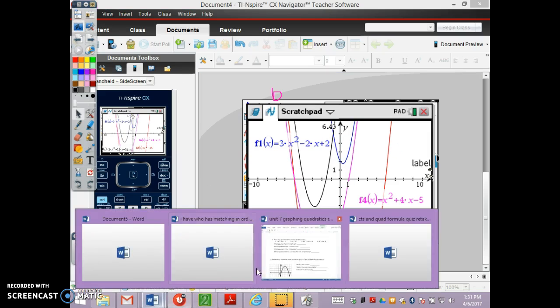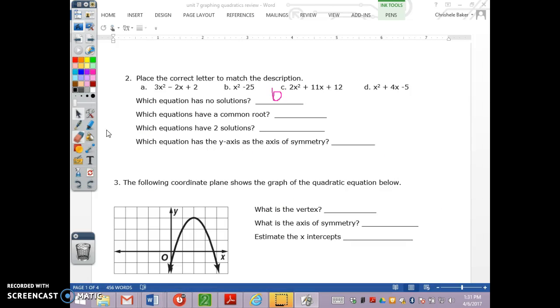Let me fix that. 3x squared one was the one that had no solutions. Okay, the common root was these 2. These were the ones that shared. 2 solutions, everything but A. So that was B and C and D. There's no solutions. All the other ones had 2.